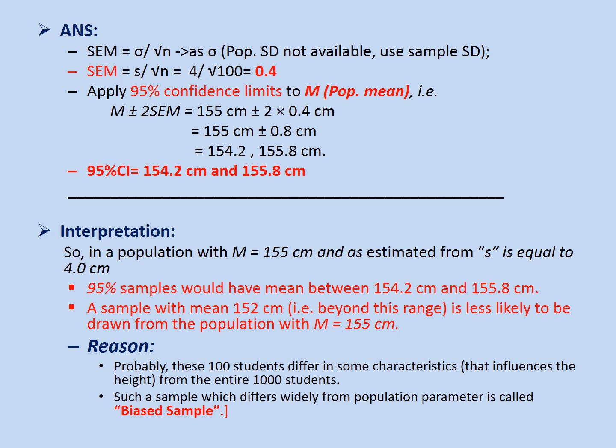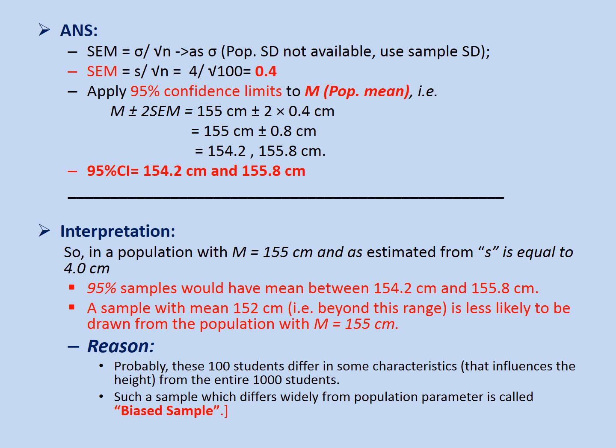That means our range is 154.2 centimeters to 155.8 centimeters. Again, we have already seen that the 68% confidence limit means population mean plus or minus one standard error of mean, the 95% confidence limit means population mean plus or minus 2 standard error of mean, and the 99% confidence limit means population mean plus or minus 3 standard error of mean.